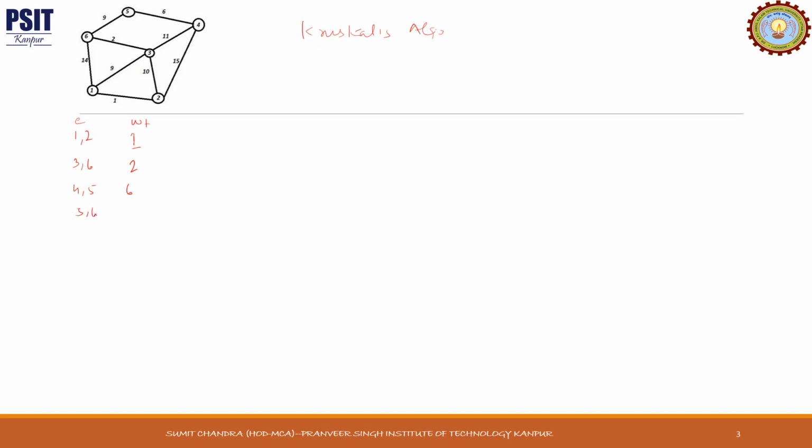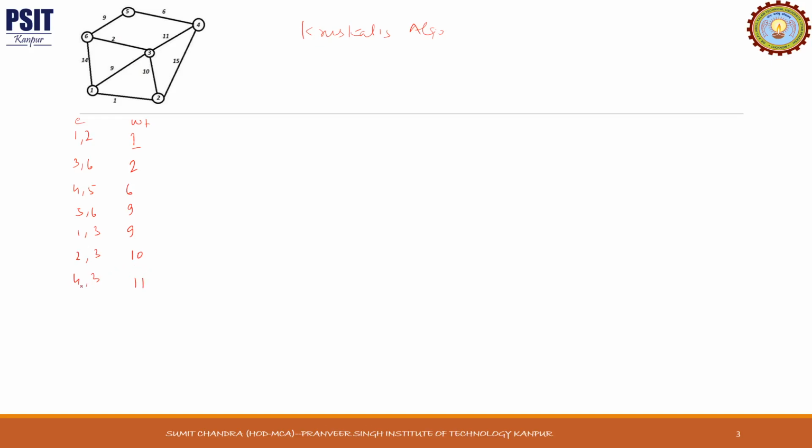Then we have 5 comma 6 with weight of 9, then 1 comma 3 with weight of 9, then 2 comma 3 with weight of 10, then, sorry, not 1 comma 6, we have 4 comma 3 with weight of 11.